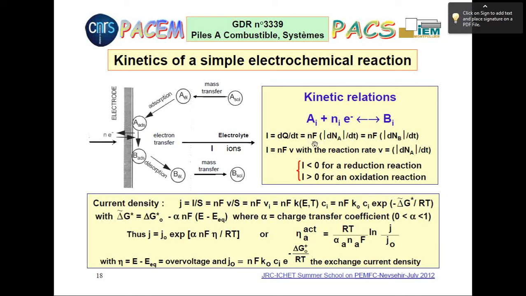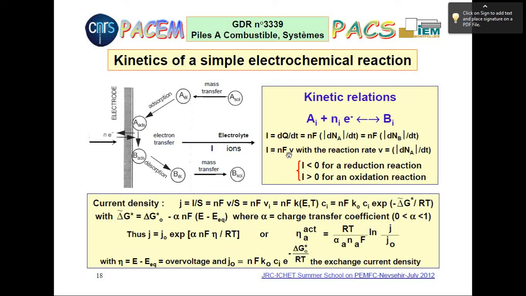And you can calculate the current intensity, that's the number of charges transferred per time unit. It's a number of Faraday. Faraday is the charge of a mole of electrons times the rate of reaction. So this important point, intensity is exactly the rate of the electrochemical reaction.